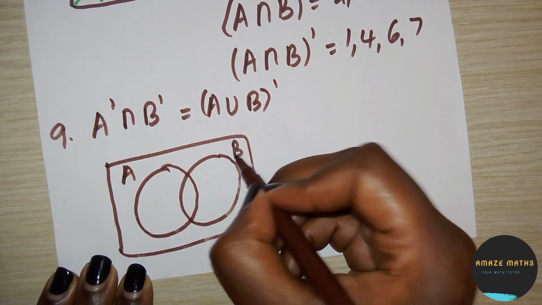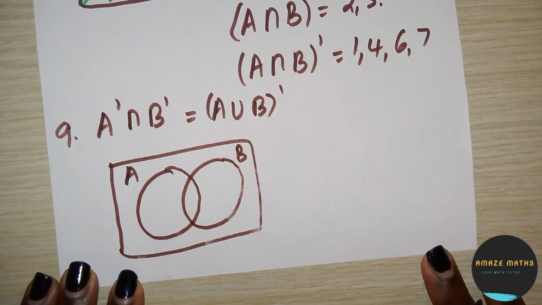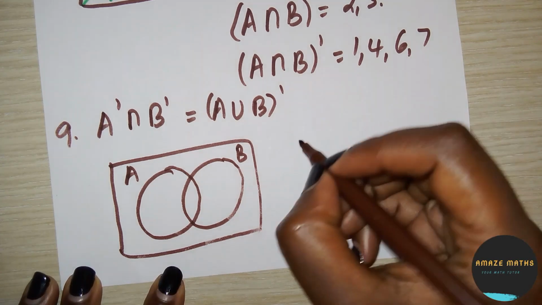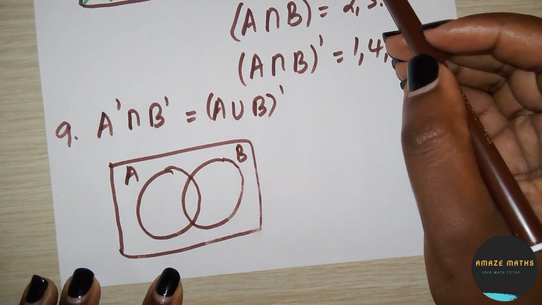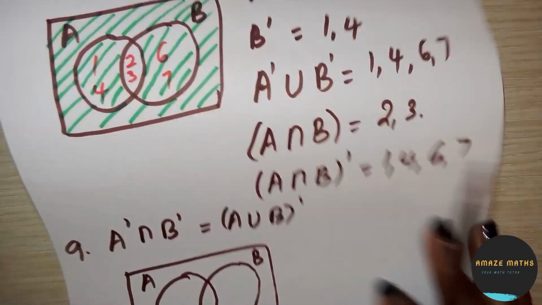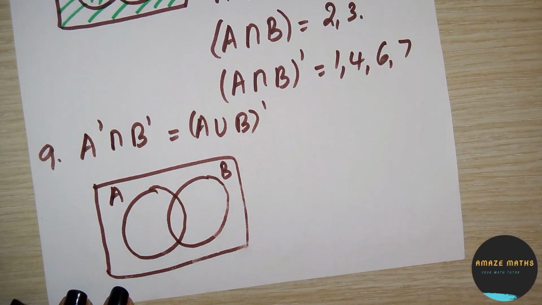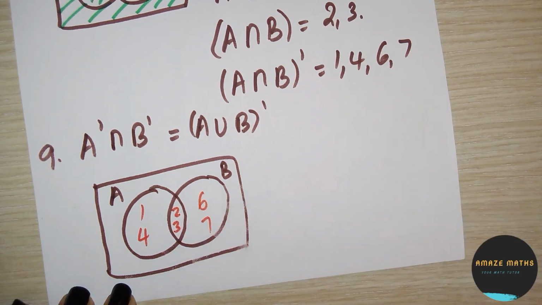All right. So A union B would have been everything here, but now we want the region outside. So 4, 2, 3, 6, and 7.